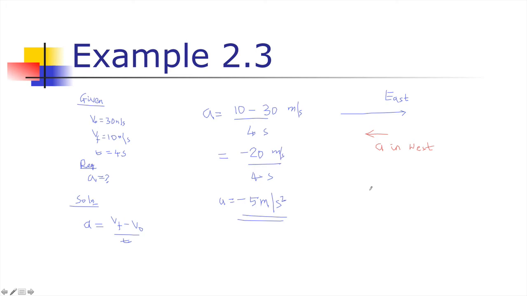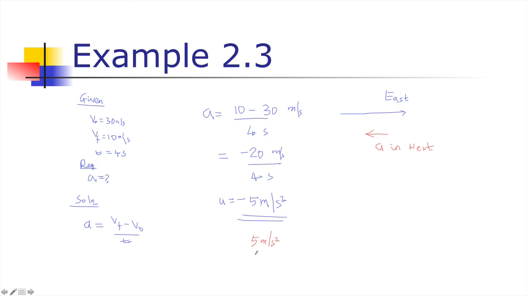Why is that happening? Because you're moving to the right, you're slowing down. In other words, your direction of acceleration is in the opposite direction. So the answer for this question, 5 meters per second squared, the physical interpretation would have been the car was speeding up in the east direction.